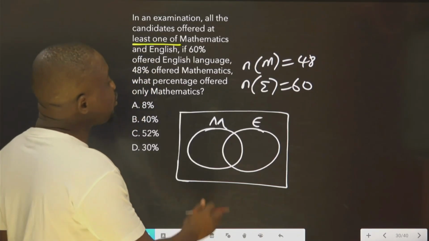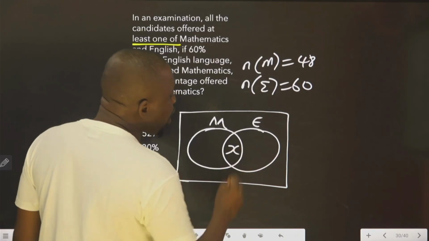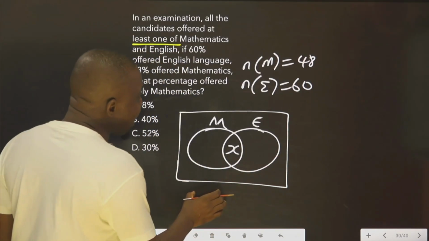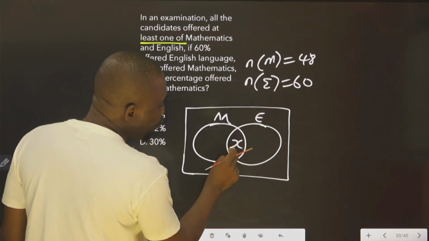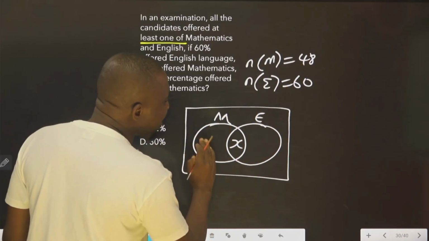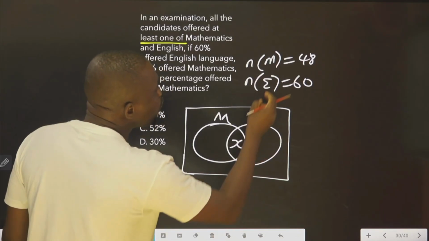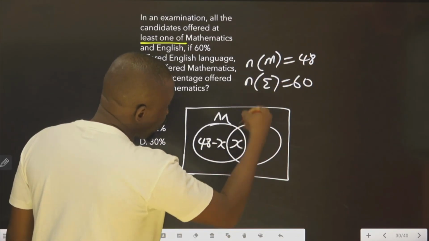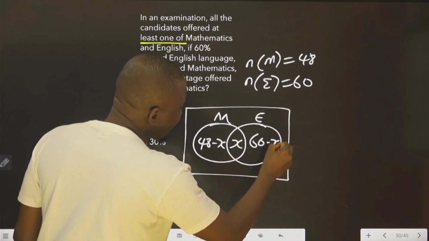No problem. All we need to do is put x here because we don't actually know the intersection. It was not given to us. For mathematics, once we remove those offering both maths and English, we say 48 minus x, while this side is 60 minus x.